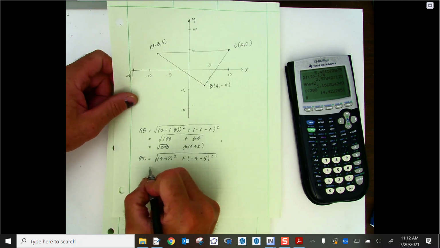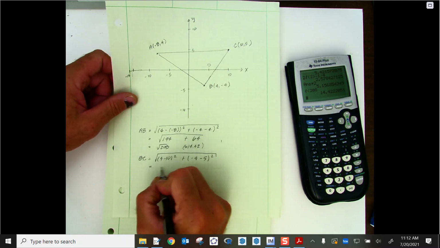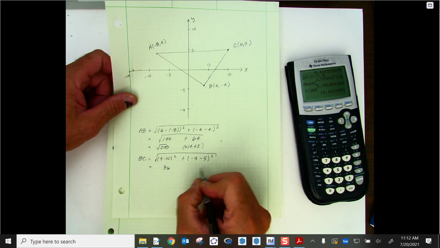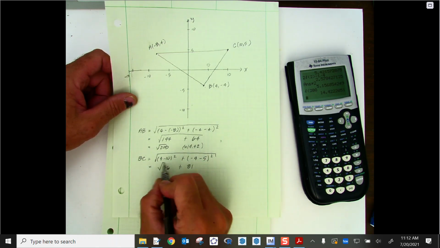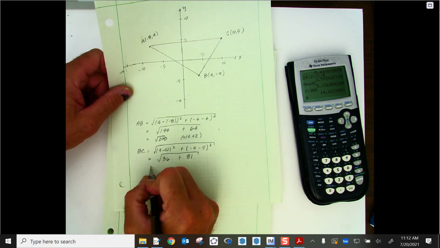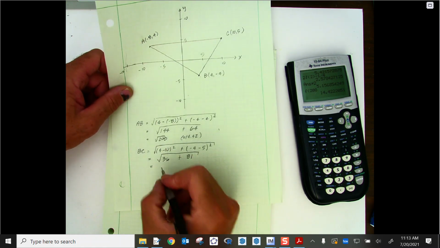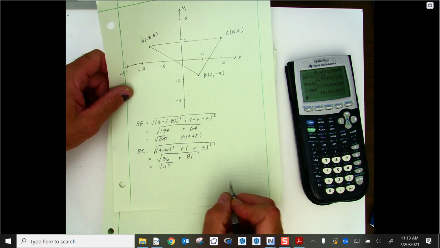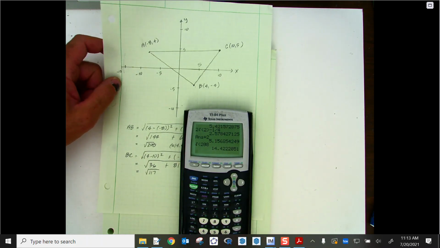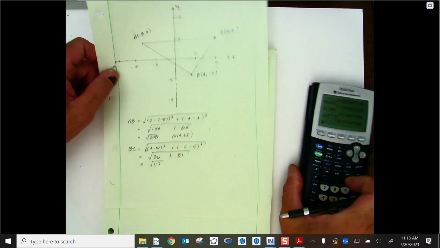So we get -6 squared, that would be 36, and we get -9 squared, that'd be 81. Let's square root that and call it the square root of 117. If I check it on the calculator, I get about 10.81.